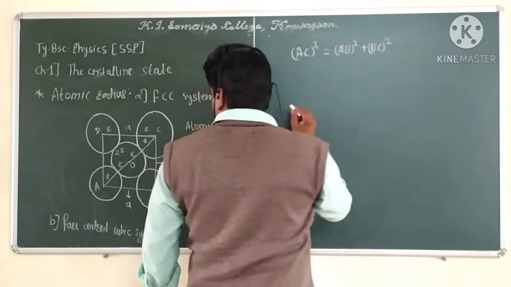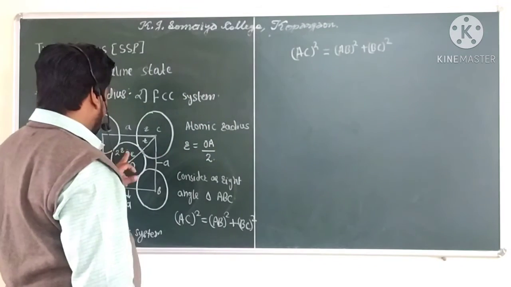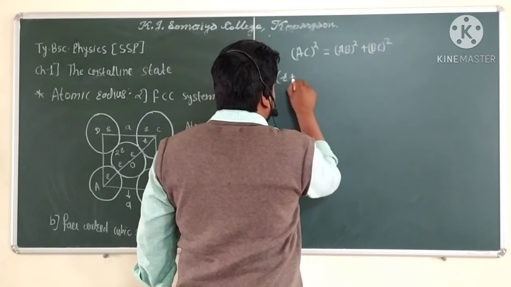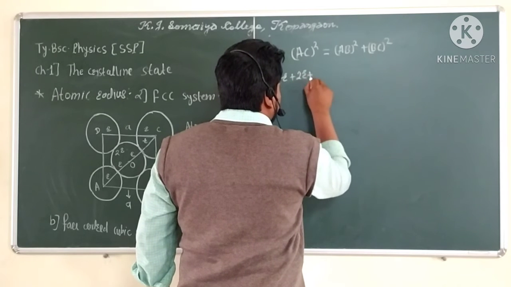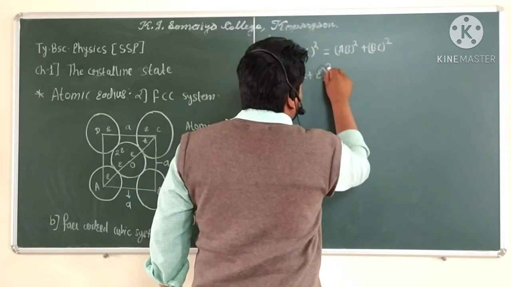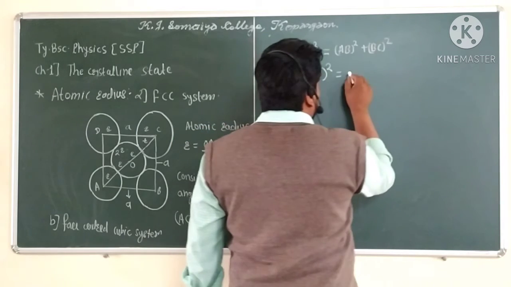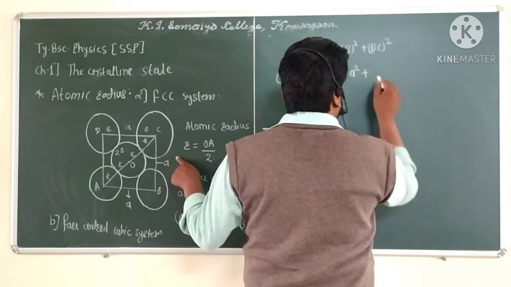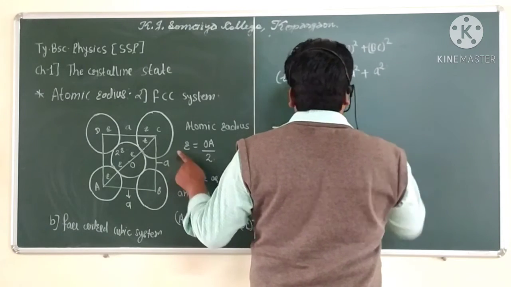So this AC, which is considered as R plus 2R plus R, so (R plus 2R plus R) whole square is equal to A square plus A square, so that this side square plus this side square is considered as 2A square.